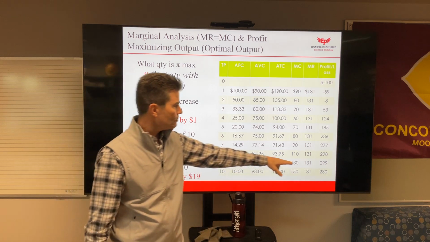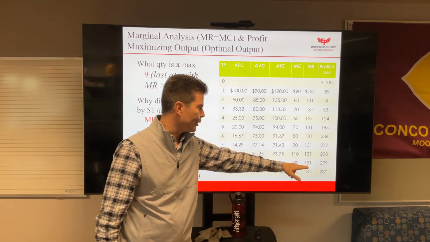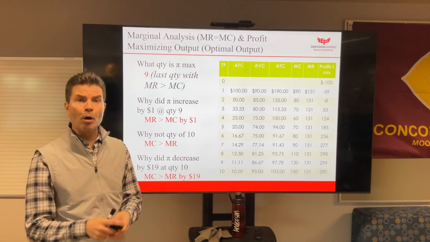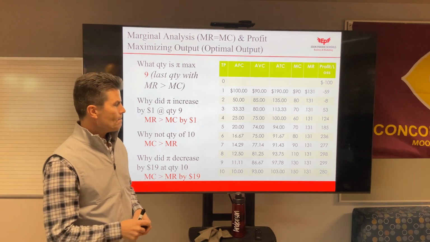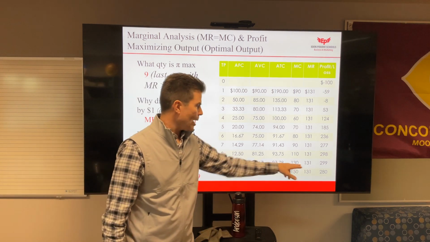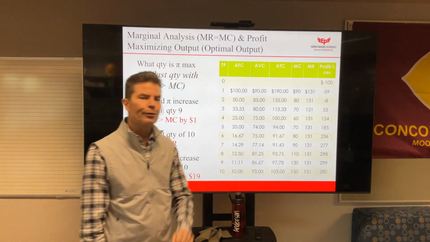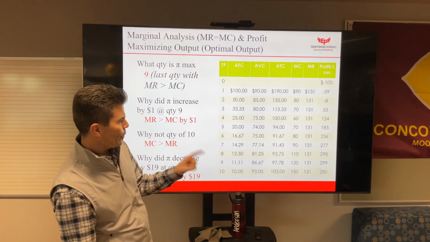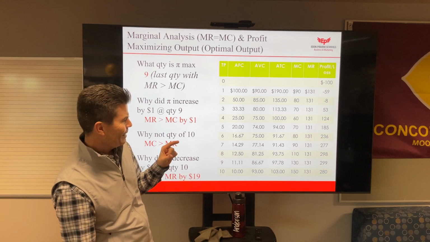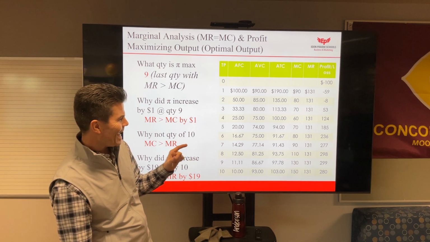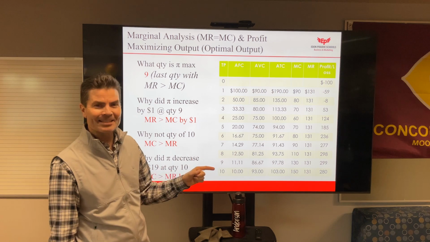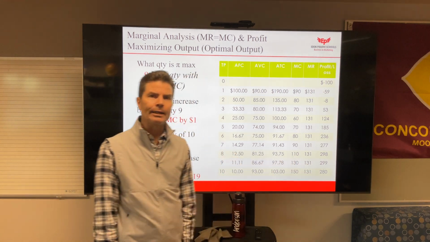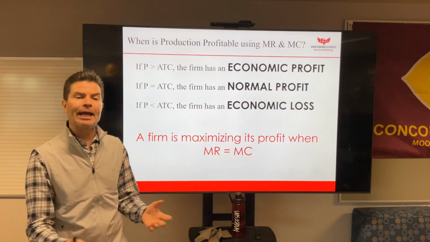Figure out the difference between 131 and 97.78. Subtract 97.78 from $131, and the number you get is $33.22, I do believe. If you multiply that times 9, you should get $299. And so that's how we find profit.